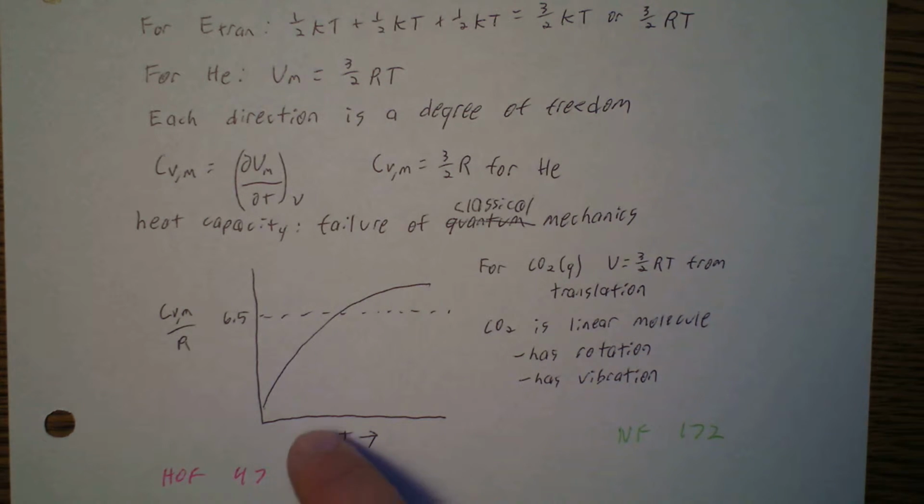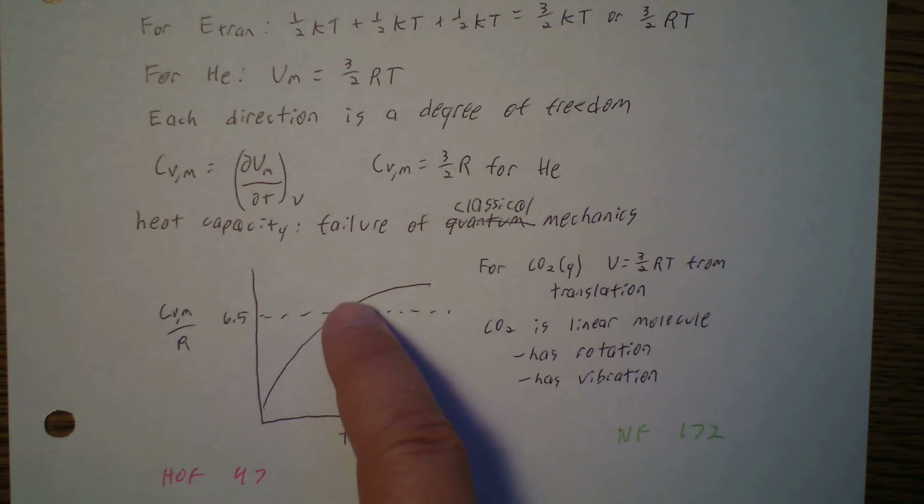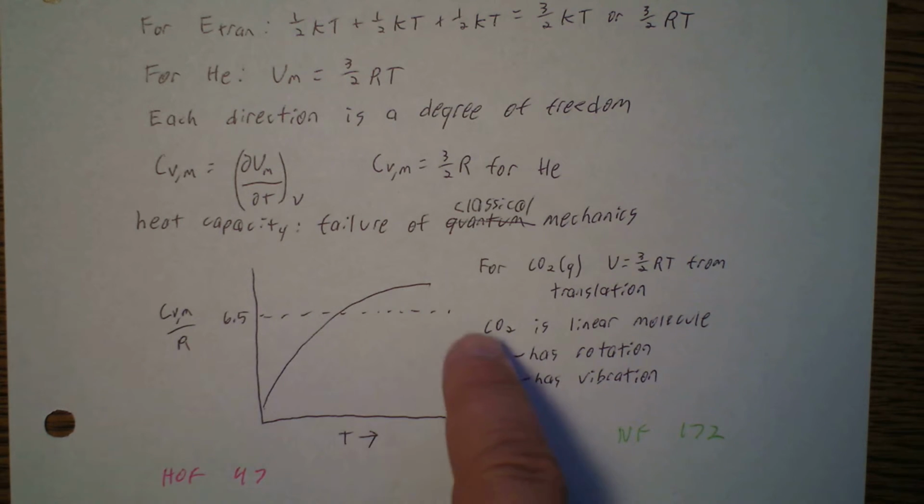But this black curve, the round curve, shows that it changes. It starts out small at low temperatures, it gets higher and higher, and even gets higher than the 6.5 predicted by classical mechanics. Now carbon dioxide is a linear molecule, but it does have rotation and it does have vibrations.